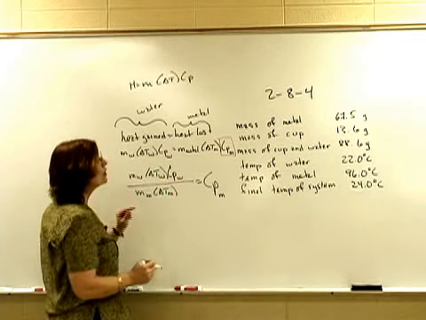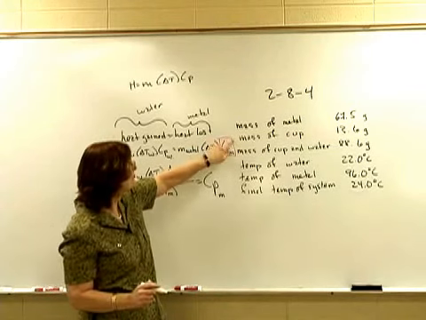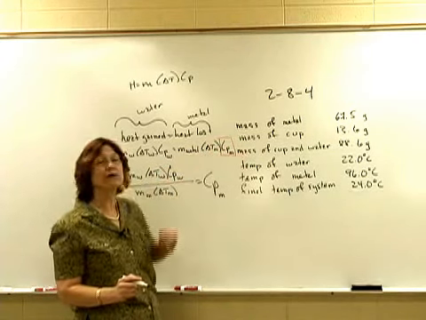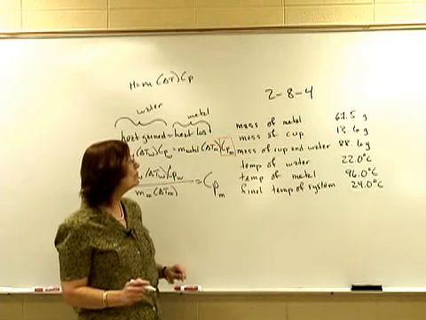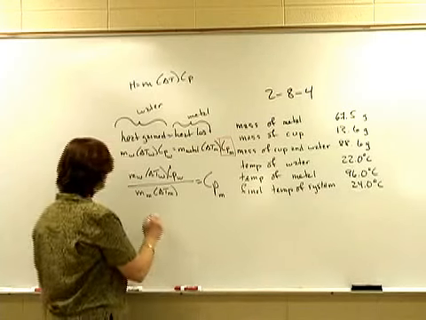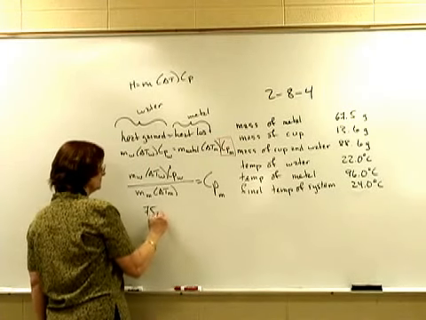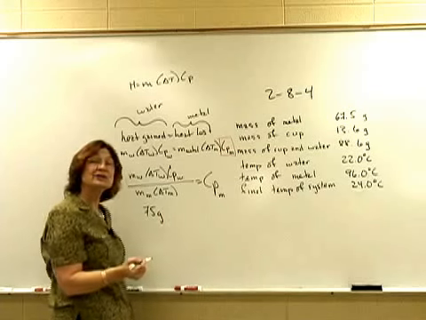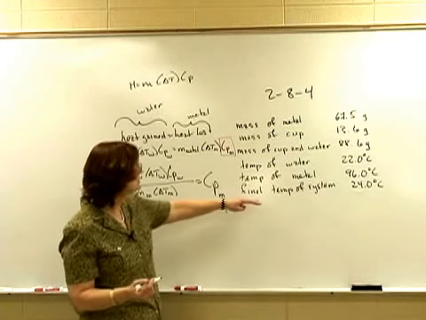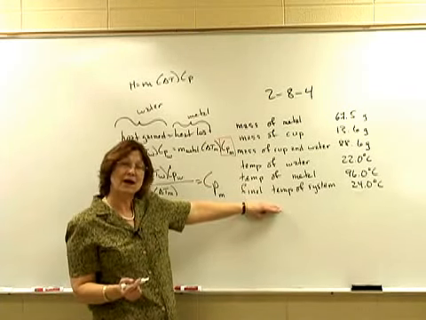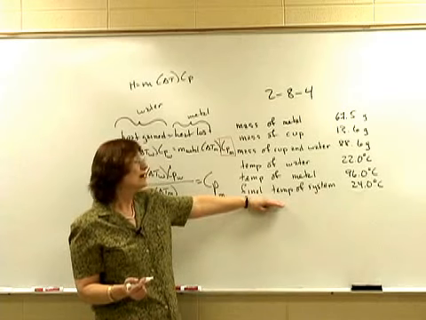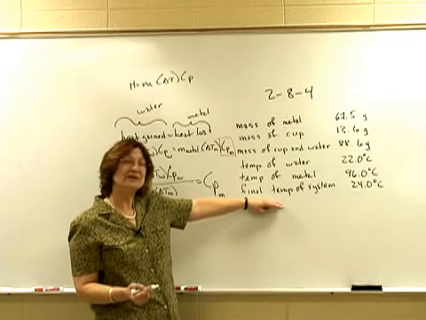The mass of the water, well, I am going to have to subtract the cup from the water and cup. And therefore, that mass is going to be 75 grams. The change in temperature of the water is that once I dropped it into the styrofoam cup, its new temperature of the system is 24 degrees Celsius.